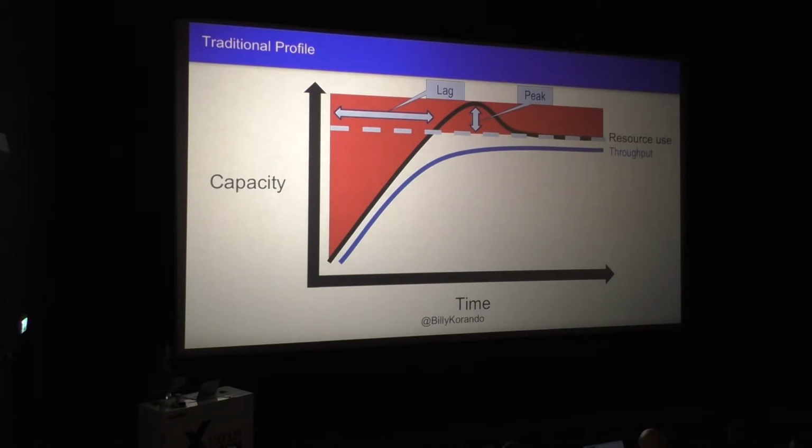So there's that red bit we don't like that represents inefficiency, resource that we're paying for but not utilising.